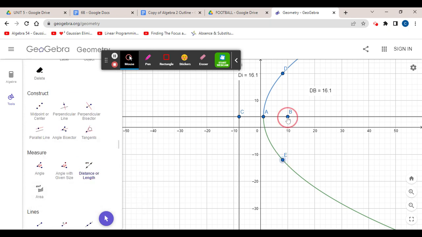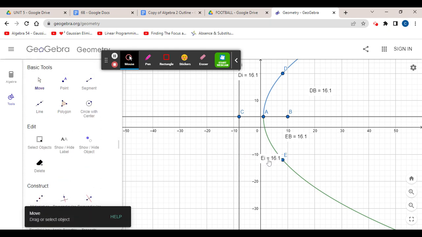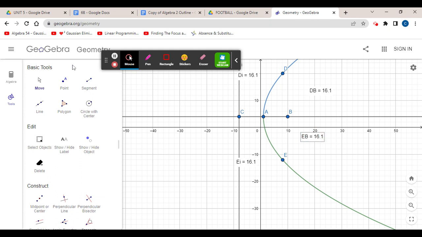The distance E to B is 16.1, and E to our line is 16.1 there. So any point is going to be equidistant to B and our directrix I. It's a way that we can go on this graph and prove our point.